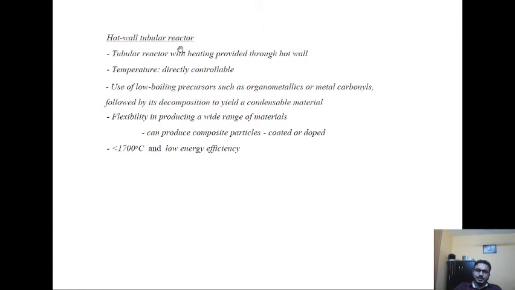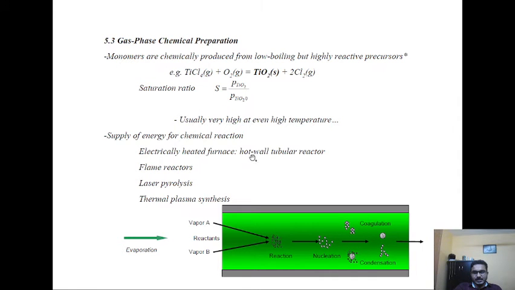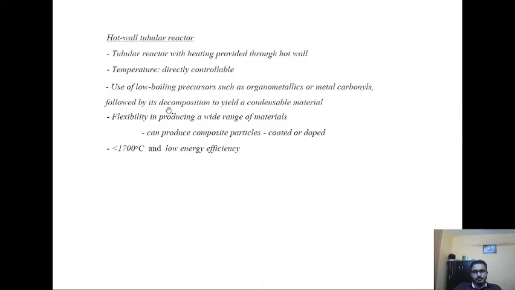Now hot wall tubular reactor. That is the first way of supplying the energy for chemical reaction. It is a tubular reactor with heating provided through the hot wall, as the name also suggests.